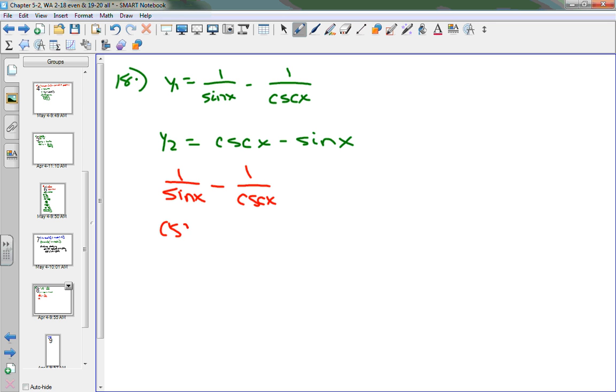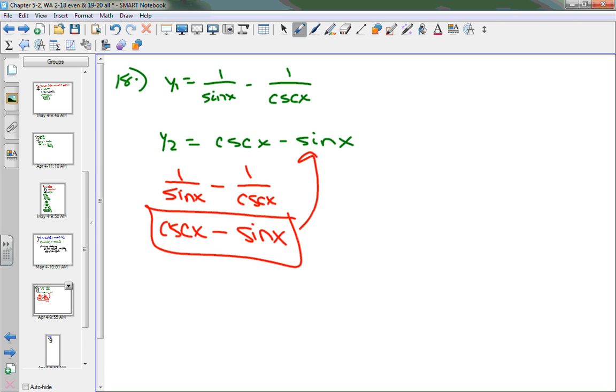That's cosecant of x. What's 1 over cosecant of x? Sine of x. Is that what I wanted it to be? Yep, that was, wasn't it? Yeah, you're not done with that problem.